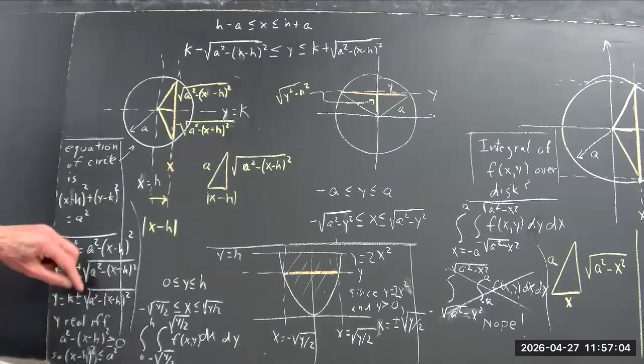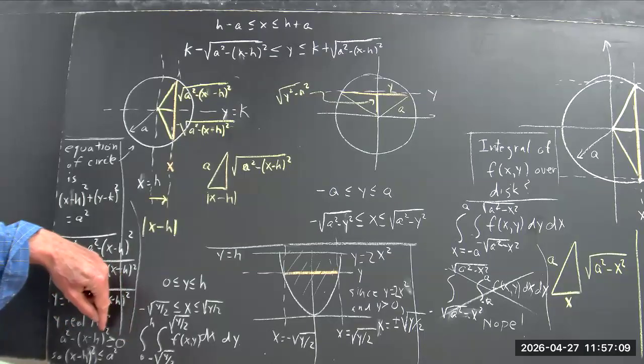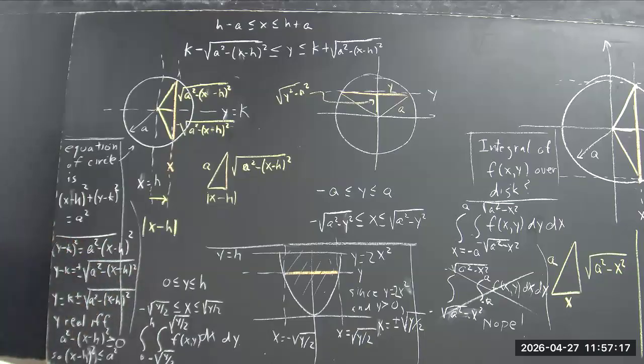I'm running out of board space. Okay. Well, if you subtract a squared from both sides, you get a negative a squared over here and a negative quantity x minus h squared here. If you multiply both sides by negative 1 or divide both sides by negative 1, that's going to make the signs positive. But when you divide by a negative, you've got to reverse the inequality. And of course, you've got to remember these things. That's something you knew in pre-calculus in algebra class, and maybe you still know it because you've used it recently.